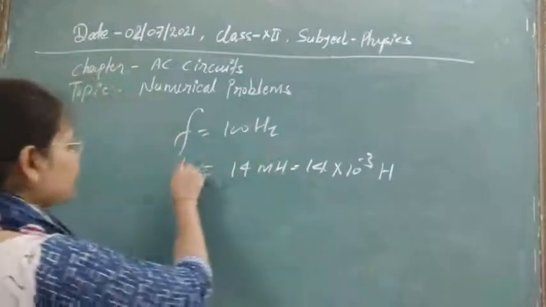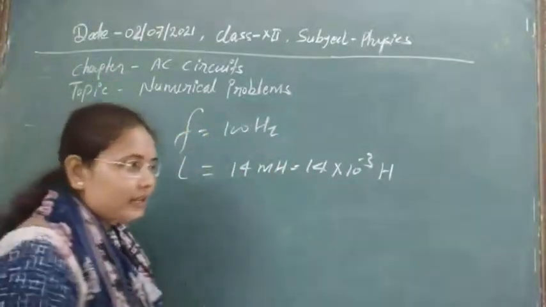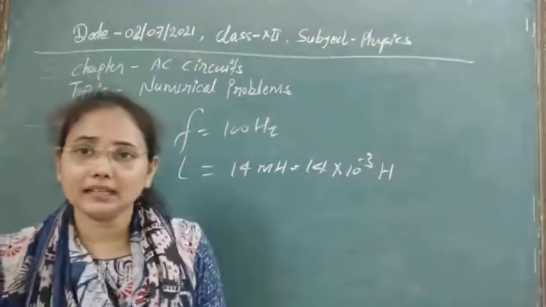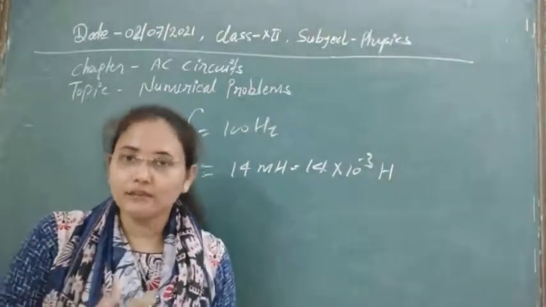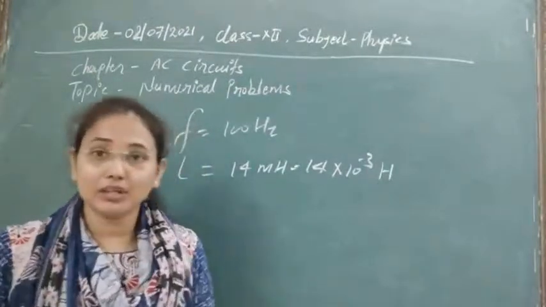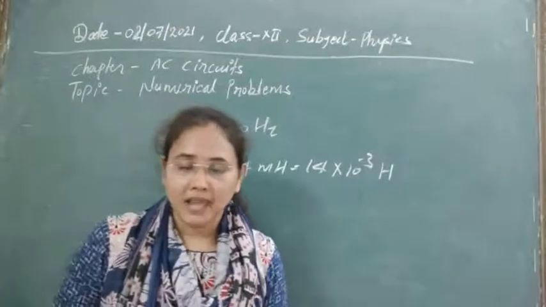Whenever we connect an alternating source to an inductor, the inductor opposes the alternating voltage through the production of induced EMF, and we obtain a reactance.